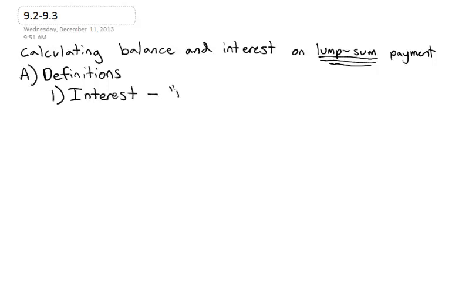Interest is the rent, if I can use that term loosely, paid for the use of money. The idea here is I'm going to let you use some of my money, you're just going to pay me interest, pay me rent to use that money. So it's money on top of the amount borrowed or given.